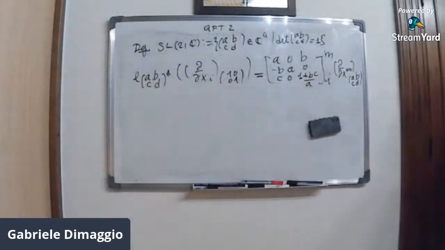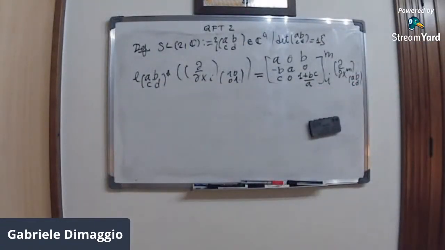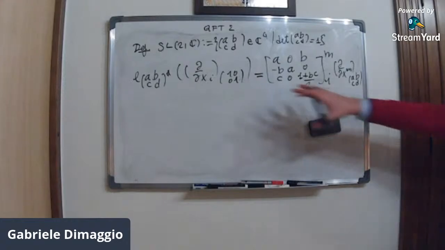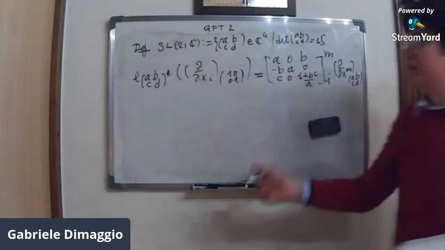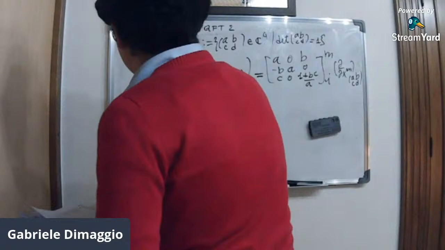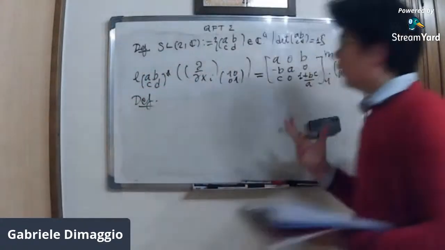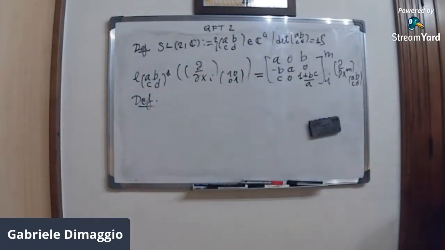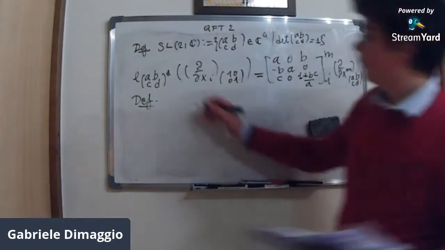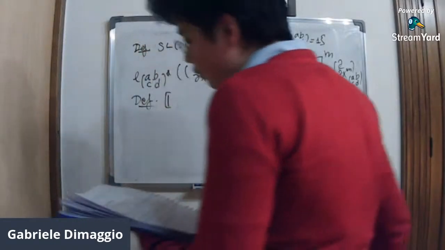An example in my case with this group. So to see some examples, we must see this definition. Okay, I have the commutator.